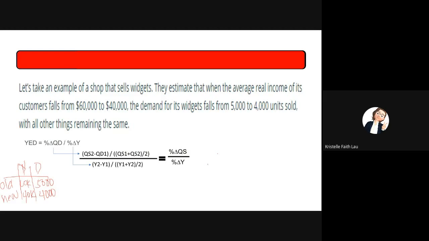So let's start with the percentage change in demand. Hindi na naman na change.